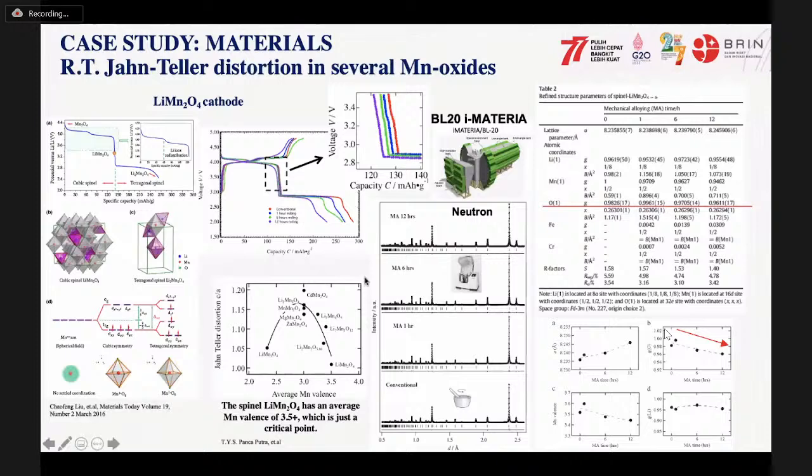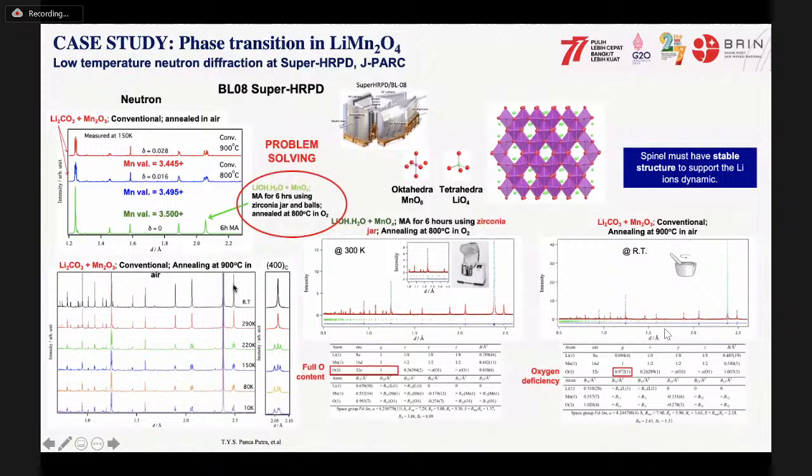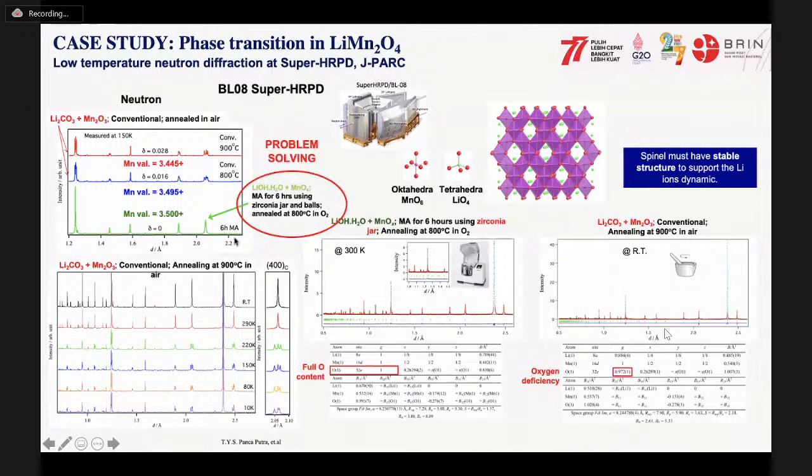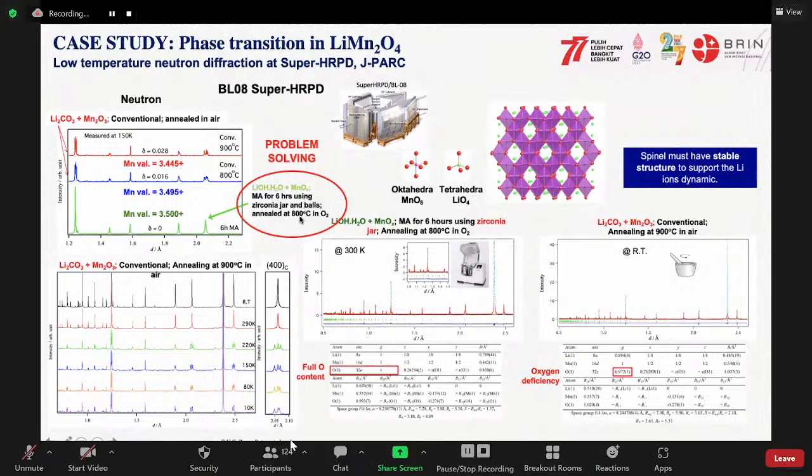After we examine the diffraction pattern here, for example, we use different raw materials, lithium hydroxide here and lithium carbonate here, and we found that there is some oxygen deficiency here.